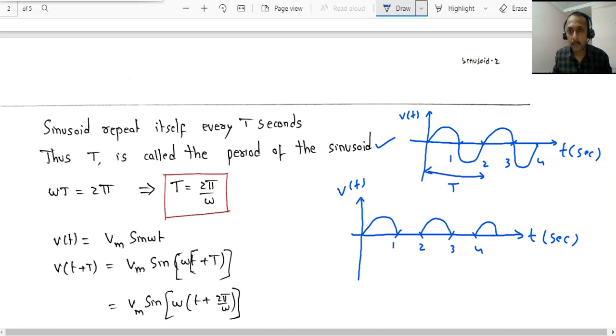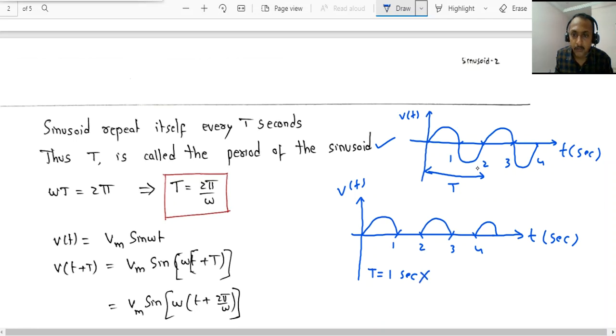For this waveform, you should observe from what point of time onwards we again get the same waveform. The common mistake most students make is that, for this waveform, if I ask the time period, they will say immediately t equals 1 second.